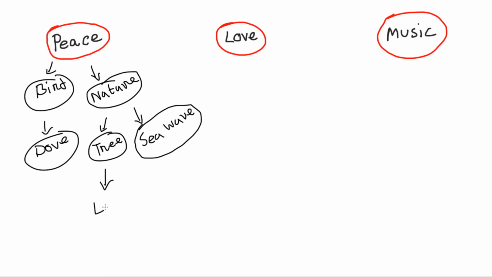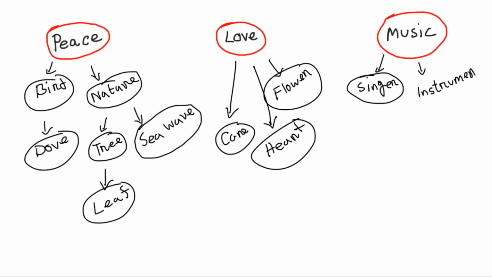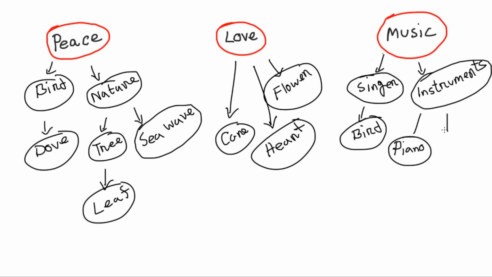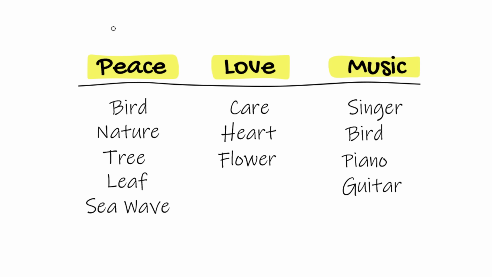Tree makes me think of leaf. Do the same for the next two keywords, love and music. Here are all the keywords I found by the mind mapping process.